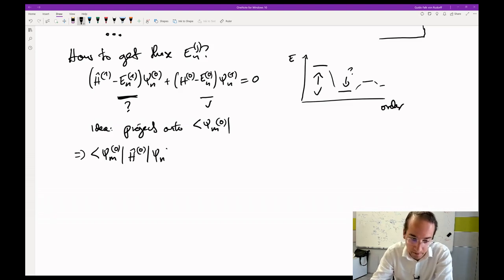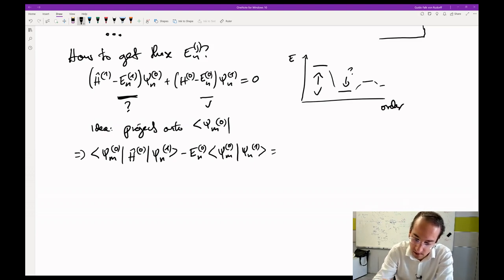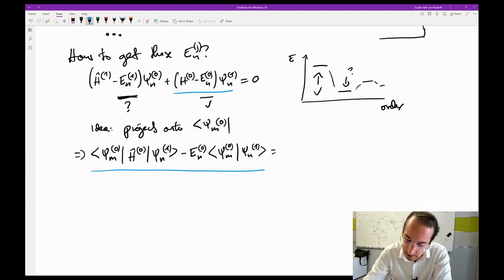This is first order minus the energy, which you can pull out because it is just a scalar value, so consequently it does not need to stay in the bracket. And that was the part here from the right, this one, and now let's add this on the other side. Again, we can bring the energy expression to the front.